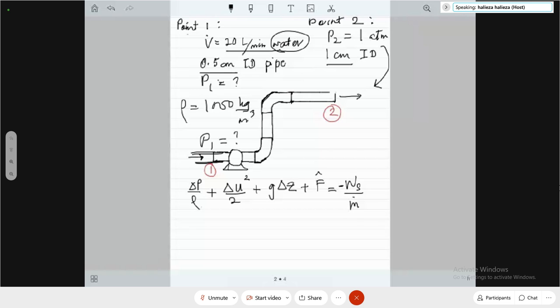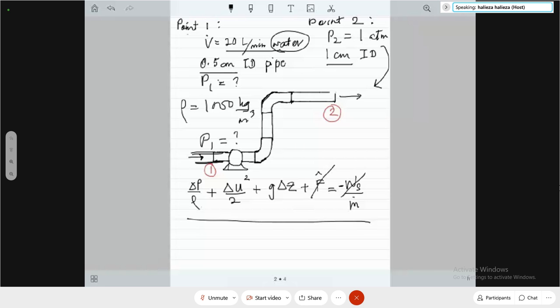If you have the equation for the mechanical energy balance, which I have over here, you are not given the friction loss, so you're going to assume that it is 0. There's no work given, so you're going to assume that there's no shaft work.